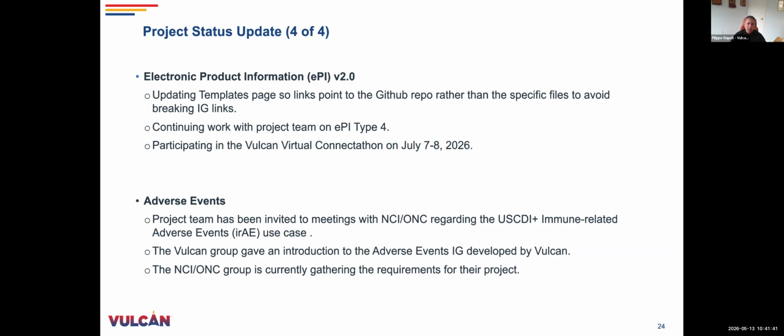We met with them last week, and the Vulcan group gave an introduction and an update on what Vulcan worked on when they developed the IG for adverse events. And we met again this week, and the group was going over the use case and the requirements. I just wanted to have the Vulcan members be aware of this.